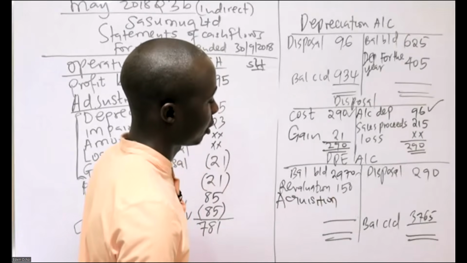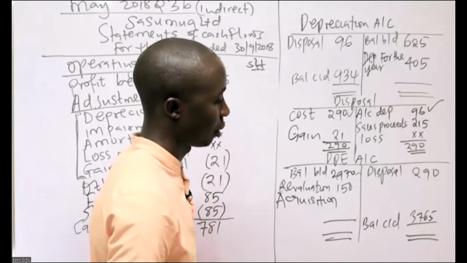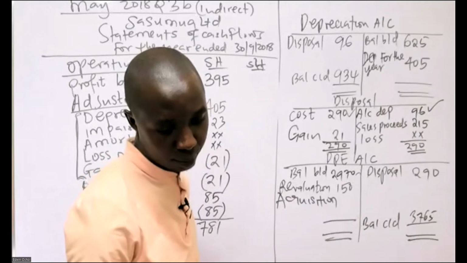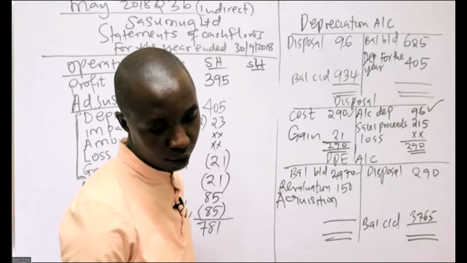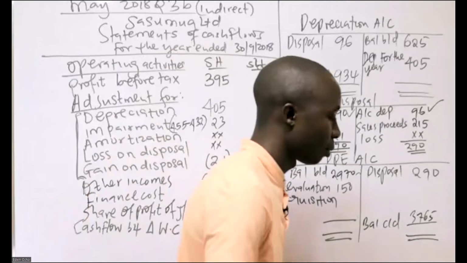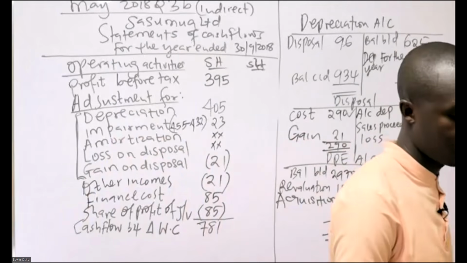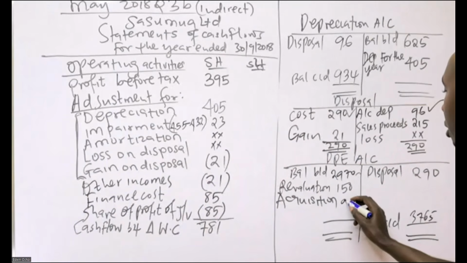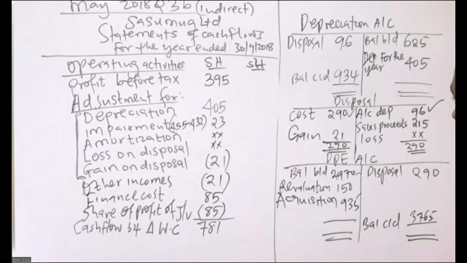They acquired another asset. At what value? The balancing figure. I don't have to do everything from my end. So at least you give me the figure for the balancing figure: 935. That is correct.